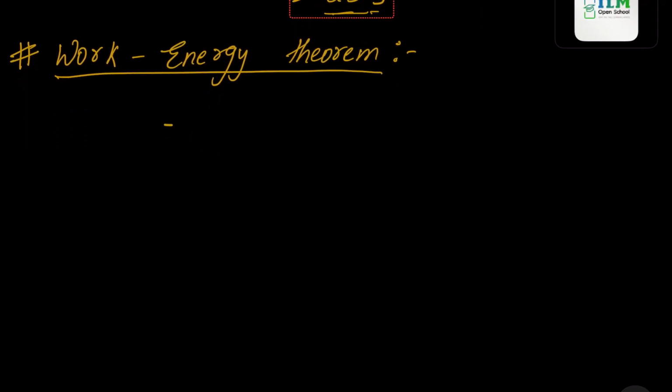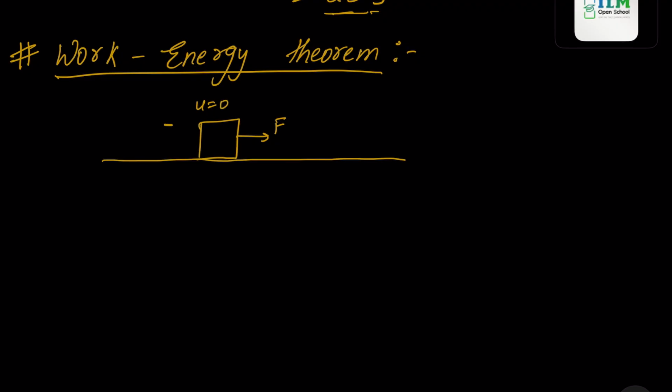What happens when a force acts on a body? It changes its speed. Change in speed means change in kinetic energy. Let's say there is a block just placed on a horizontal surface, and if I apply some force here, its speed changes.